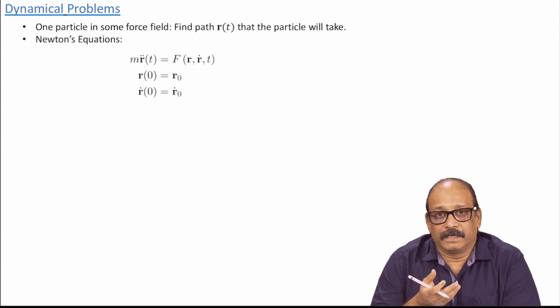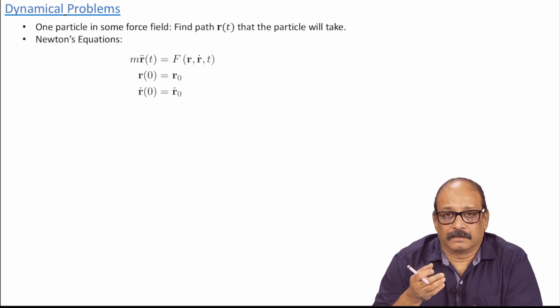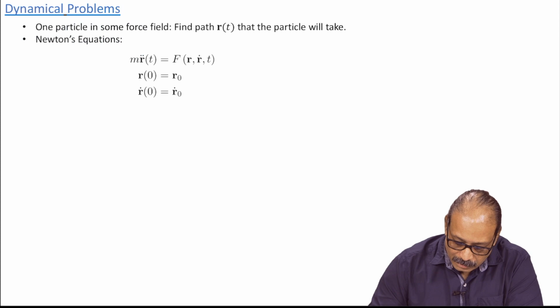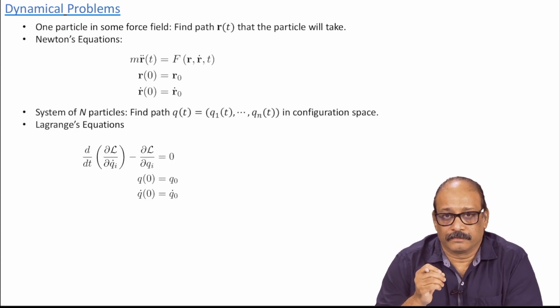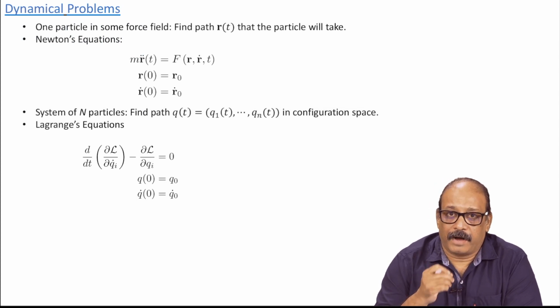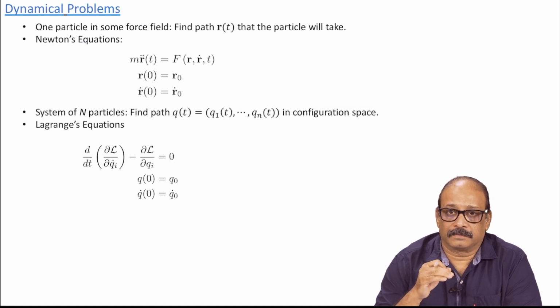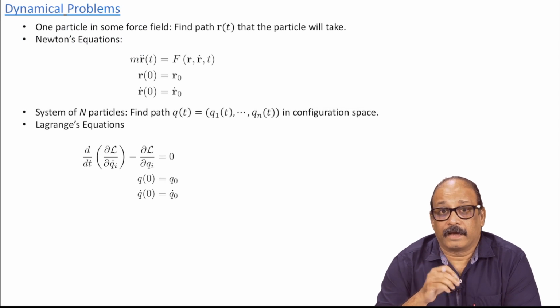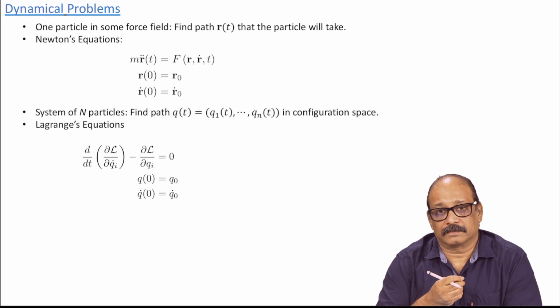Even if you take a more complicated system with all the constraints thrown in, with potentials given and so on, the problem really reduces to describing the system in terms of a path in a configuration space. You put everything together, constraints, then you find out the accessible configuration space, and then your system as a whole is just one point in that configuration space.